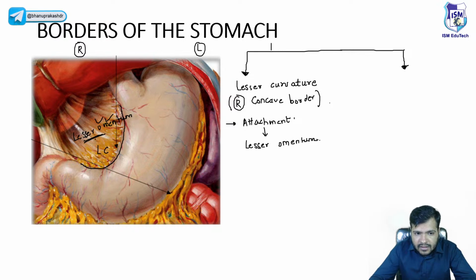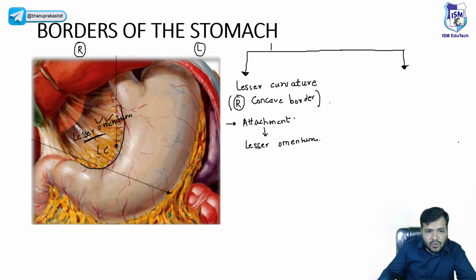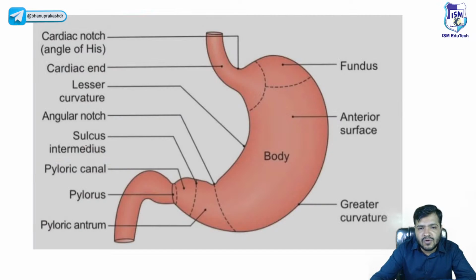And its lowermost part of the lesser curvature presents a notch, and this notch is called the angular notch, beta. If you want to see it, you can see this angular notch in this picture as well. So this is the lesser curvature, beta, and the lesser curvature towards the end will present a notch over here.